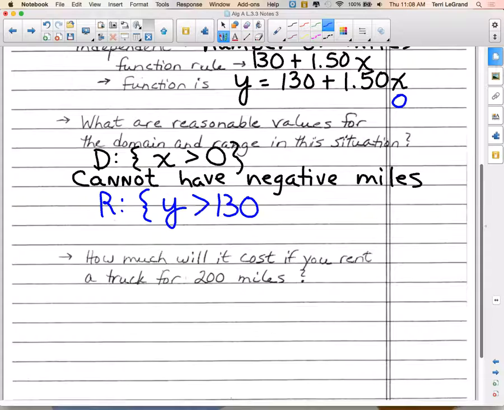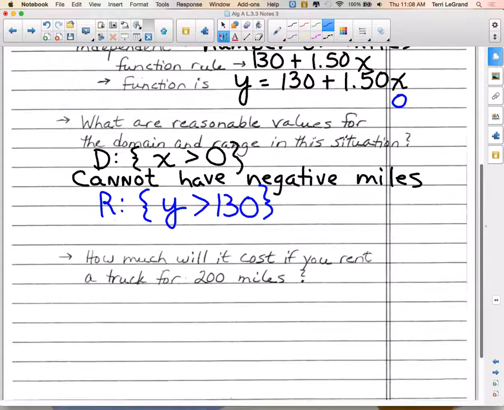Let's try this. If it was greater than 130, that means we paid the 130 plus we put some miles on it, right? If it's equal to 130, what's that say again? We didn't put any miles on it, but you guys just said we have to drive it to our house, right? So can we have the equal to bar on this one either? No, you can't have it in this one either.